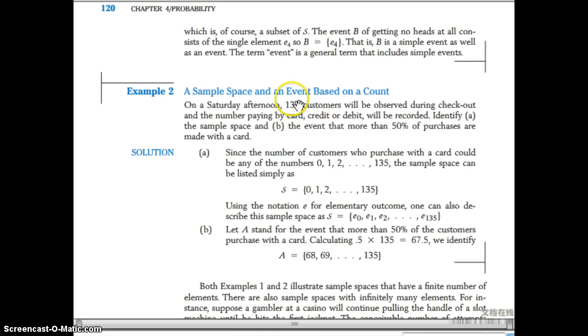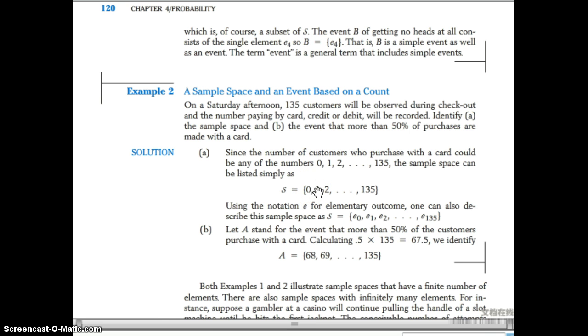So we have 135 customers, and the sample space will be not the customers, it will be the numbers of them who use credit card. So maybe nobody used the credit card, so the answer will be 0. In this case, 0 will be in the sample space.